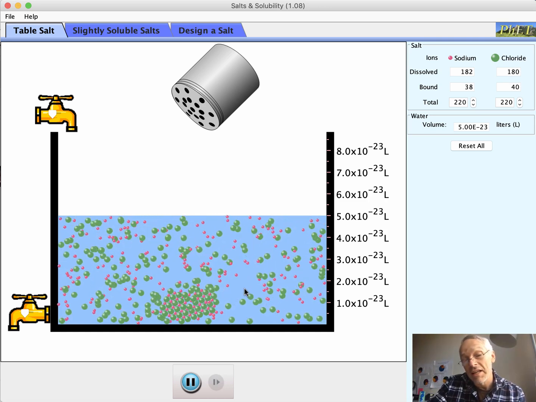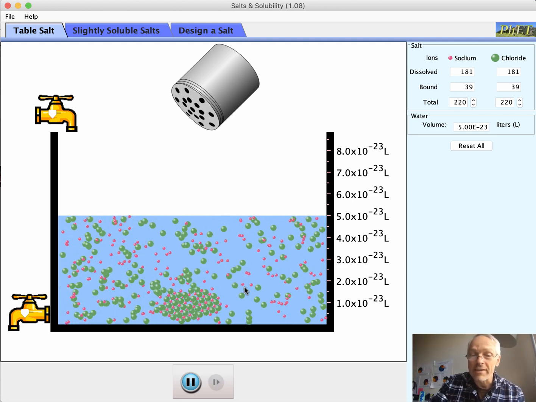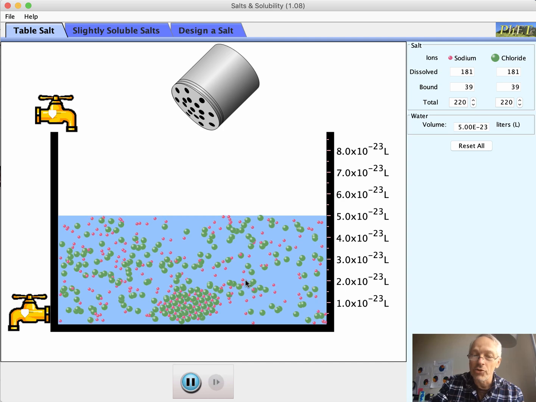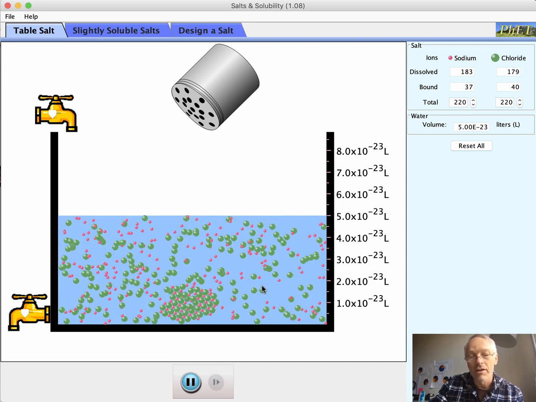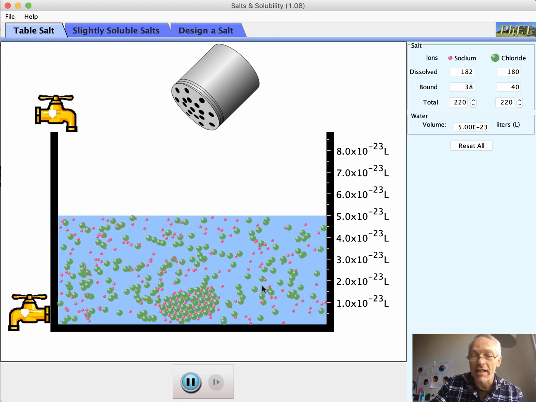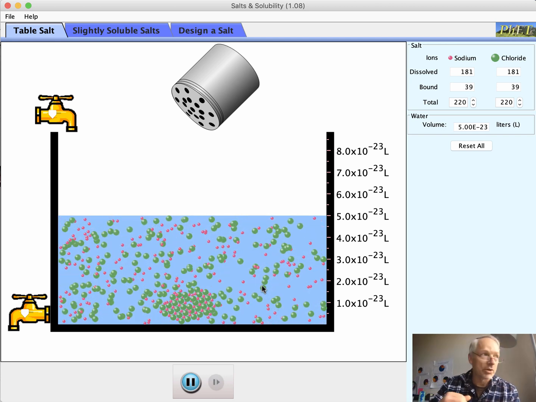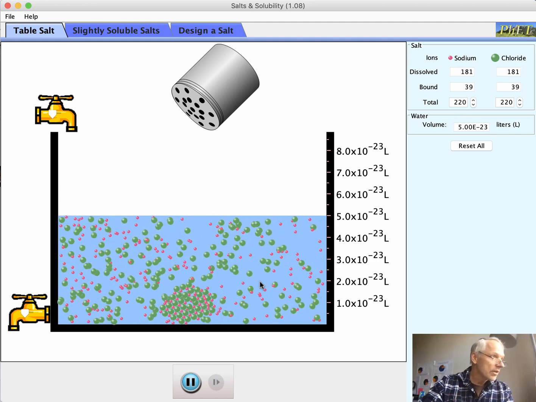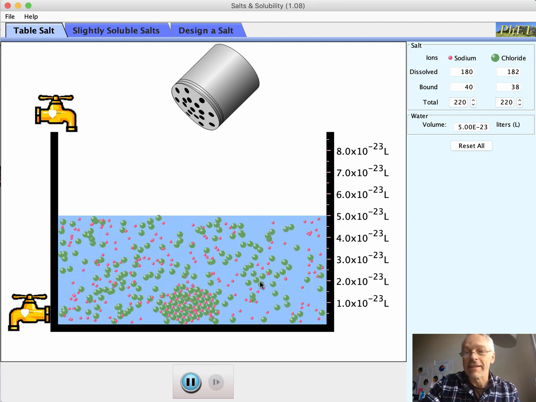and having them stick together is also happening quite often. And the rate that the ions are breaking off and the rate that the ions are rejoining the crystal are now exactly the same. So we have this dynamic equilibrium, this changing situation of constancy.